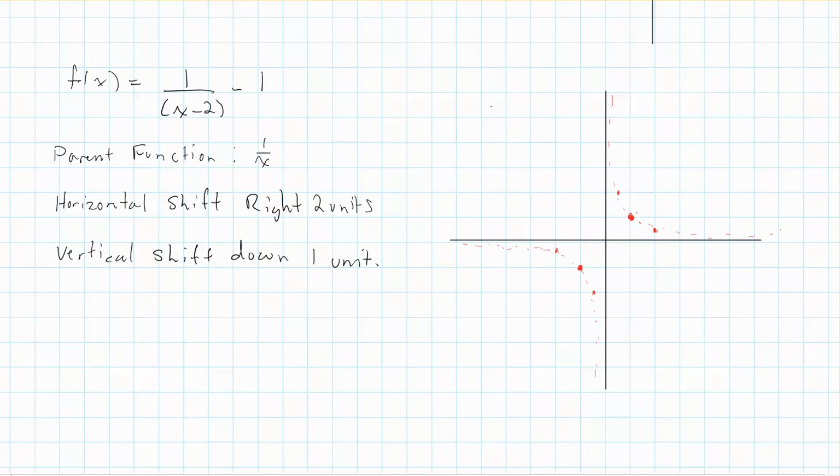Now, just like we did in the previous example, we're just going to move each point by my transformations. So I'm going to do a horizontal shift to the right by 2 units and then down 1 unit. So I'm going to go to the right 2 units, 1, 2, and then down 1. 1, 2, and then down 1. 1, 2, and then down 1.